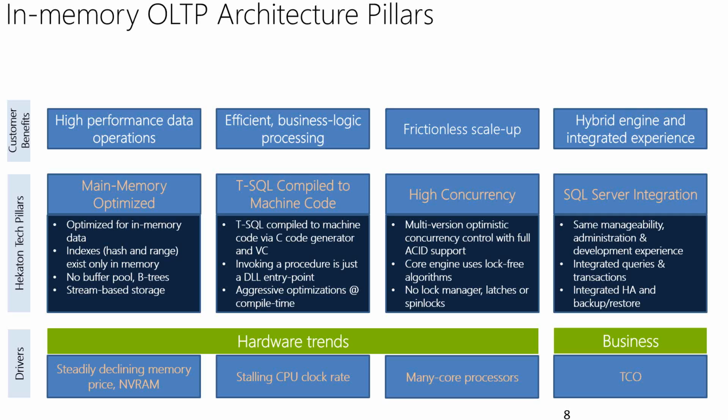That has translated into the main memory optimized pillar and value here. What that means in SQL Server is tables that are declared to be in memory are optimized for in-memory data. So the data structures that we use internally for those rows, and in fact on disk as well, are different from the data structures we use in traditional tables.